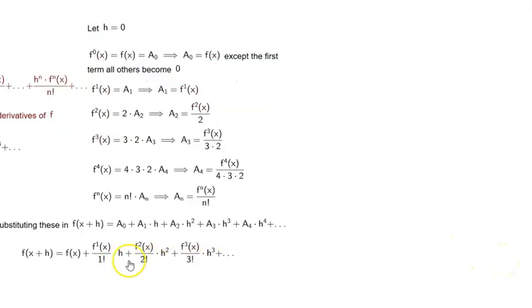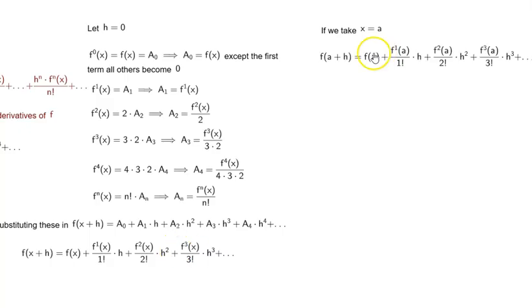Now that we have this, let's make x equal to a specific value. So f of a plus h is equal to f of a plus f1 of a by 1 factorial times h, and so on.